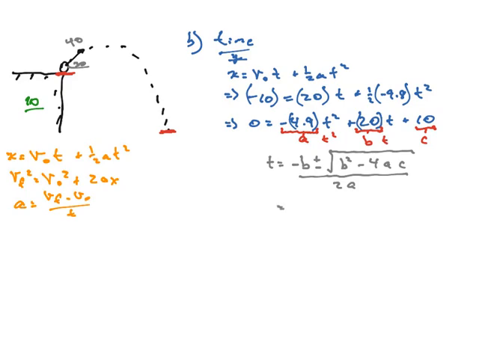Now I plug those numbers in. Minus b, so minus 20, plus or minus the square root of b squared, 20 squared, minus 4 times a. A is negative 4.9 times c. C is 10. All of that is divided by 2 times a, which is 2 times negative 4.9, which is negative 9.8.